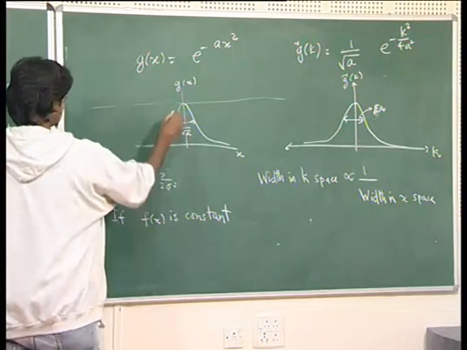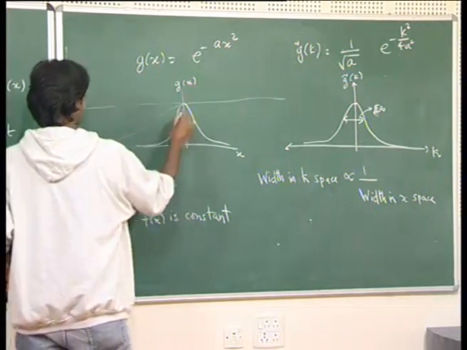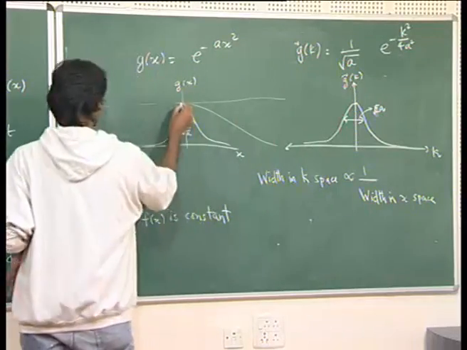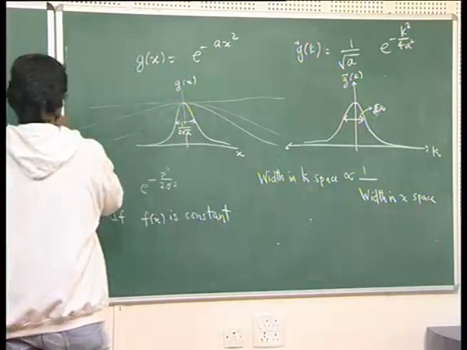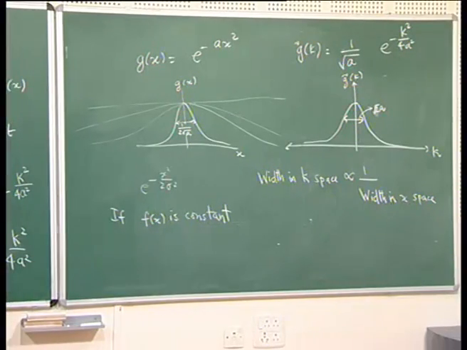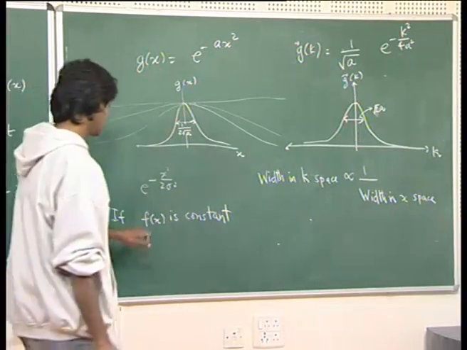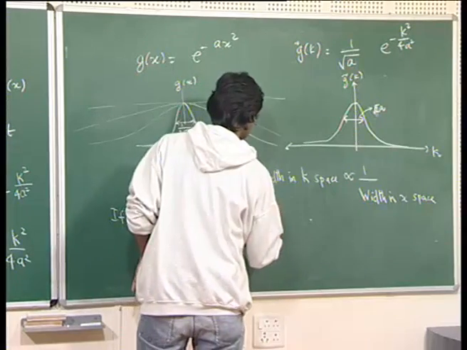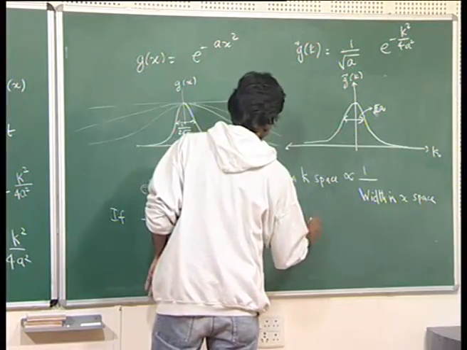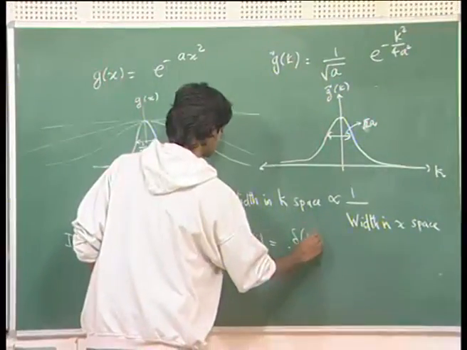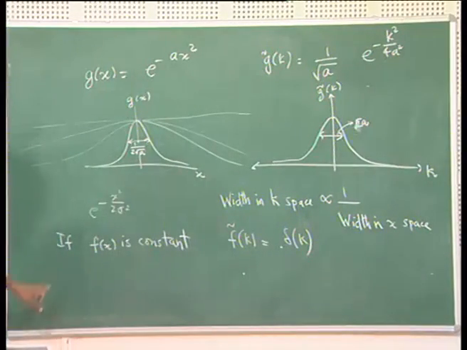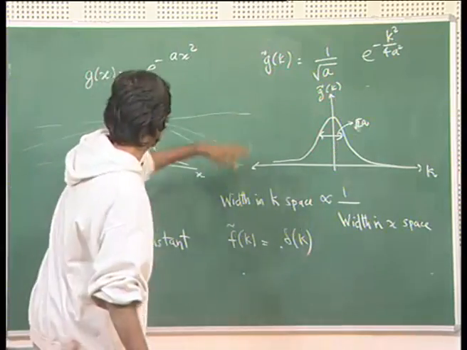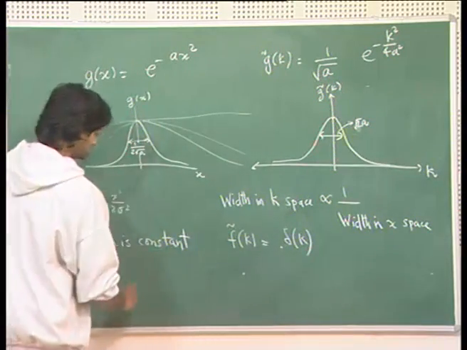Okay, so as you make this wider and wider, you will go finally to something that is almost a constant. Okay, the f tilde of k is proportional to delta of k. So if you have a very wide function in X space, then you get a delta function.